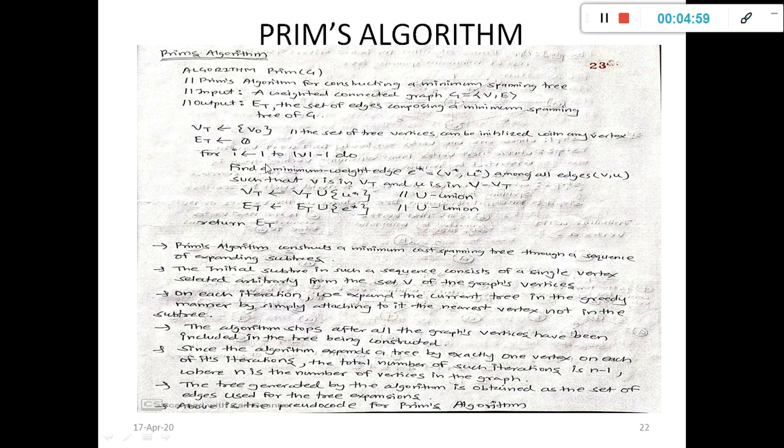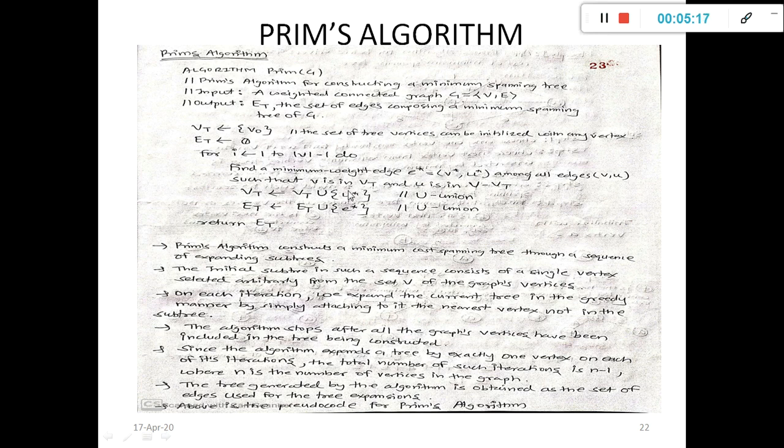Then for all the vertices from 1 to n minus 1, find a minimum weight edge e star equal to v star comma u star among all the possible edges v comma u, such that v is in Vt and u is not.